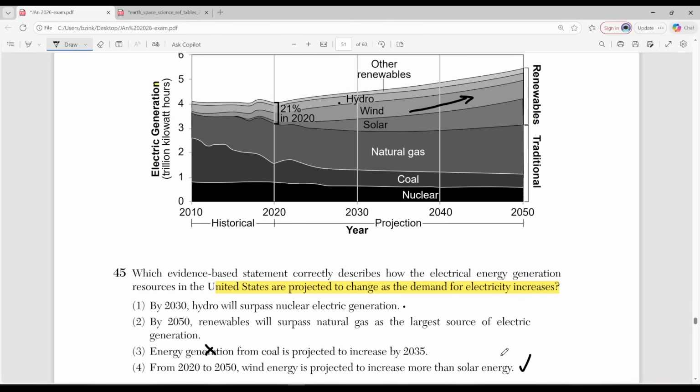I don't get this one. By 2050, renewables will surpass natural gas as the largest source of electrical generation. Renewables are here, so if you measure from here to there, compared to here to there, it's very close, but I think that's higher.